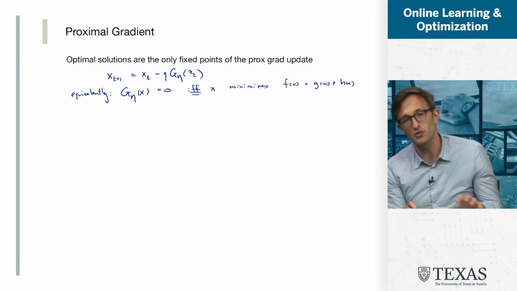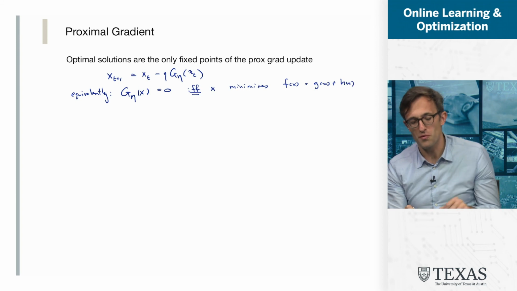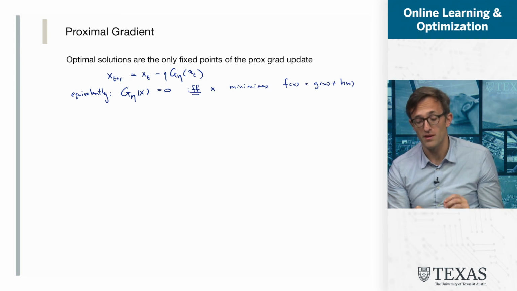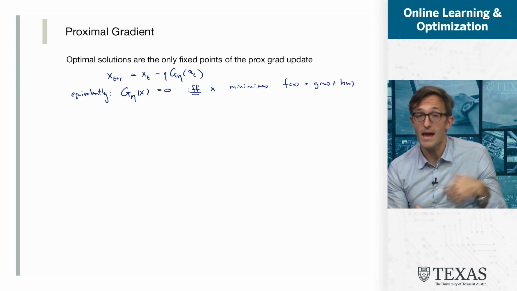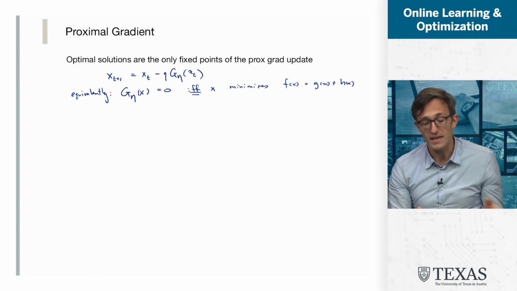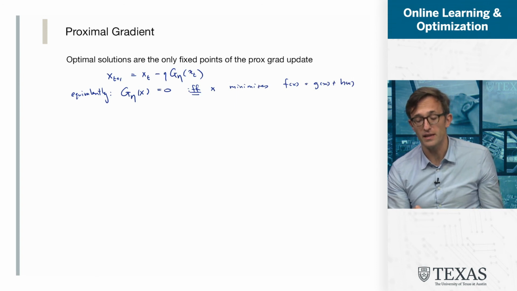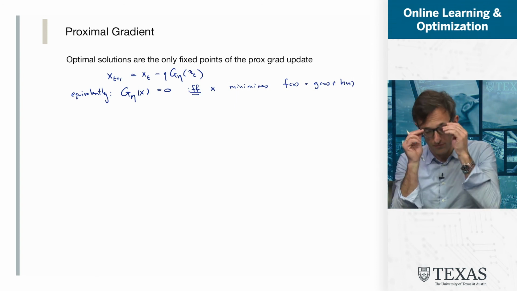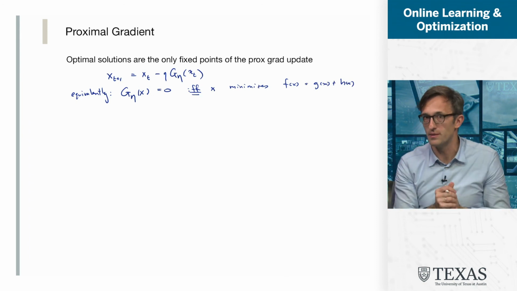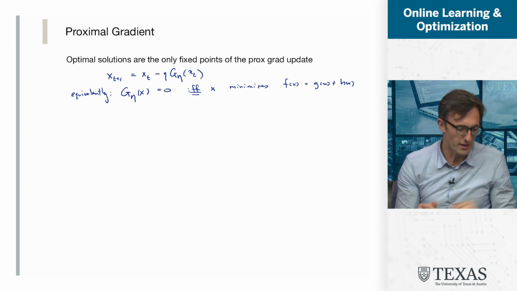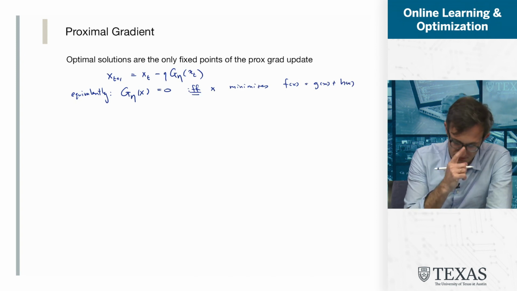So it is also true, if f were smooth, that the gradient of f would be equal to 0 if and only if x were a minimizer. And it is true that x minimizes f of x if and only if 0 is an element of the subdifferential. But g does not necessarily need to be an element of the subdifferential. Okay, so let's see why this is true.